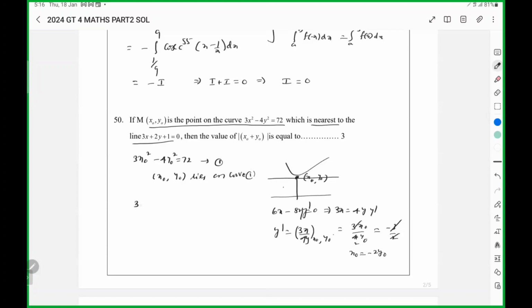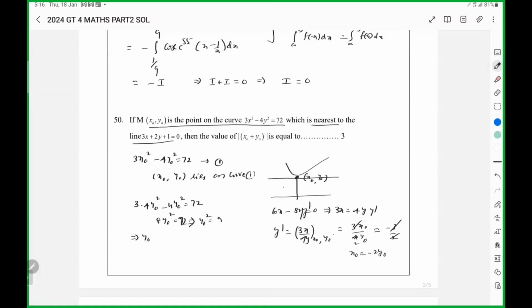Here in place of x naught, if I take 4y naught square, 8y naught square is 9, so 72.